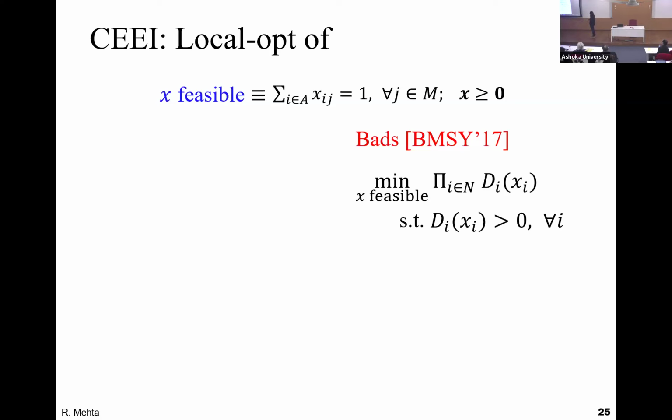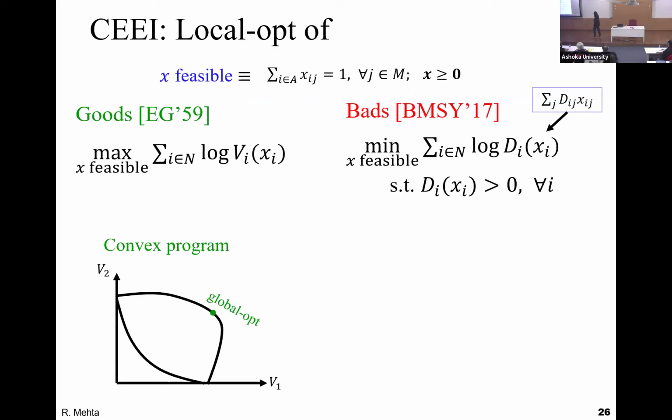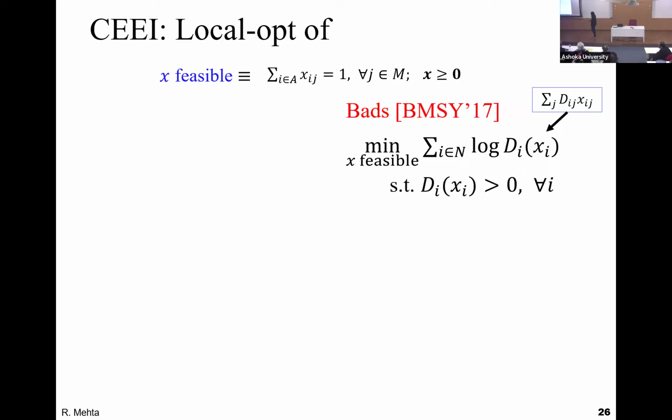So you're minimizing the product subject to the fact that each of the disutility values has to be strictly positive. Under that, you want to find a local optimum. That means that everybody should be given something.